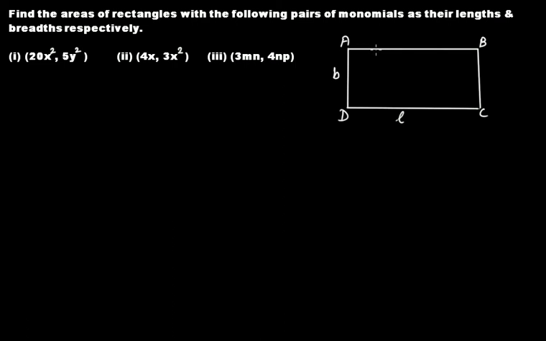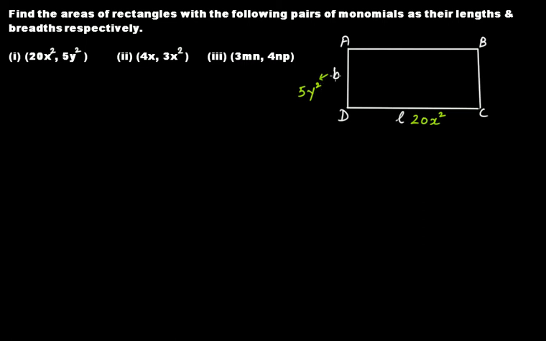Now it's saying that, let's take this first one. It's saying that if your length is represented by this monomial, that is 20x squared, and this breadth by 5y squared. Of course, when you put some value of x, then you will get the length here, and when you put some value of y, you will get the breadth here.